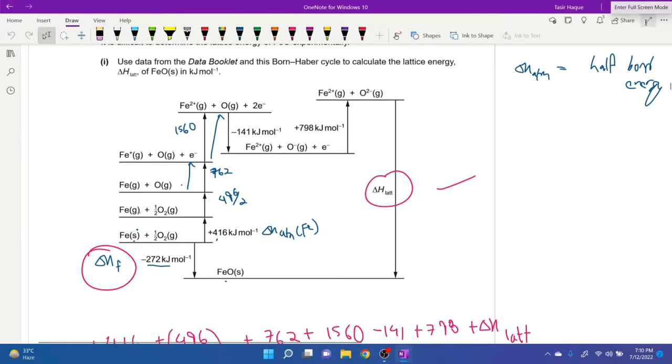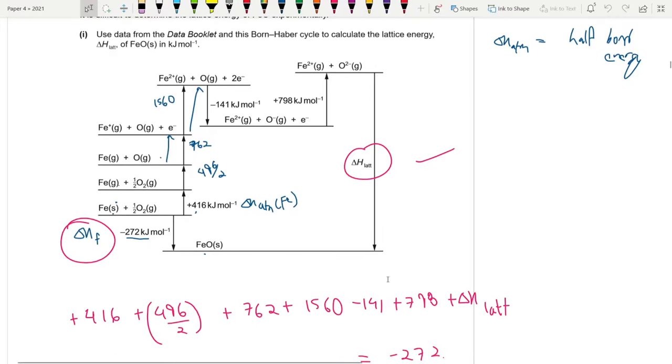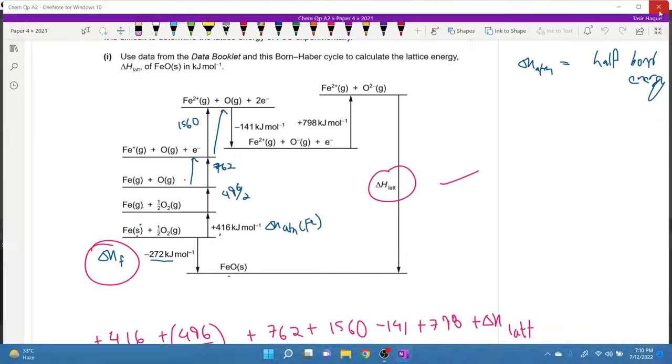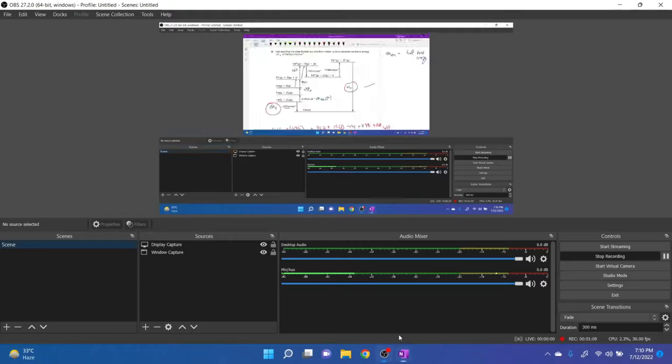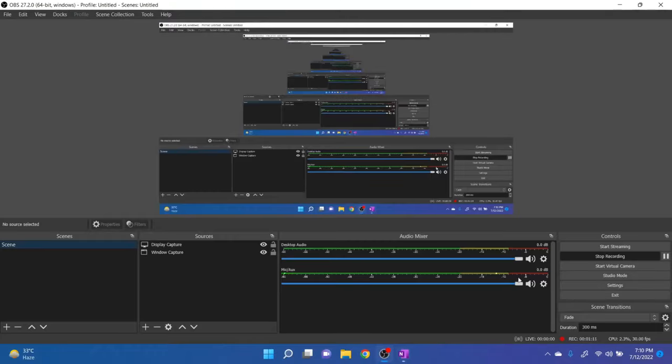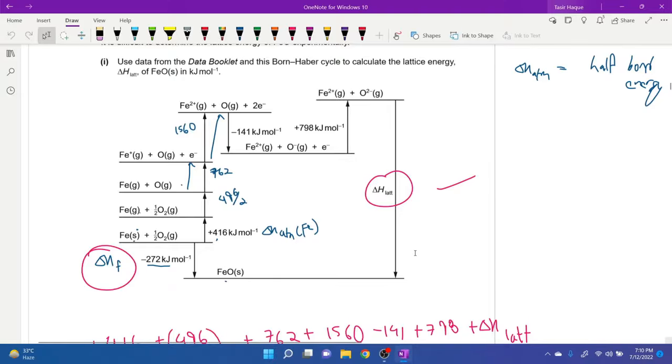As I was saying, the enthalpy of atomization of oxygen is 496 by 2. The first ionization energy of iron is 762.